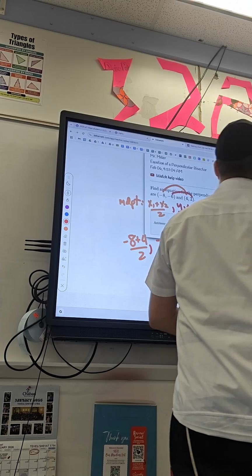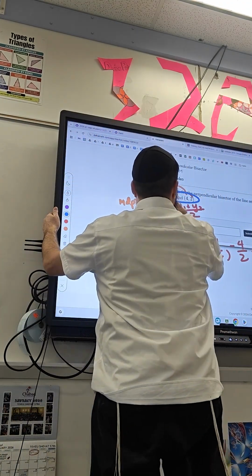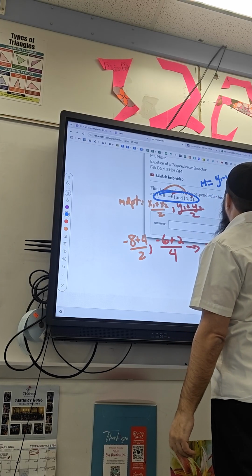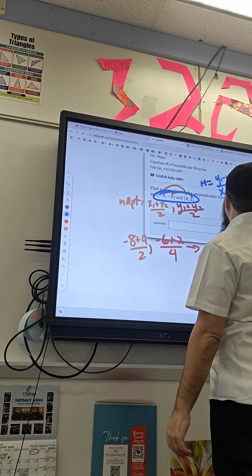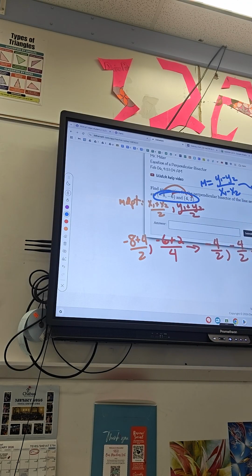Now we have to find the slope of this line right here. So the slope is the y's minus over the x's minus, which is -6 minus 2 over -8 minus 4, which is -8 over -12, which is 2 over 3.